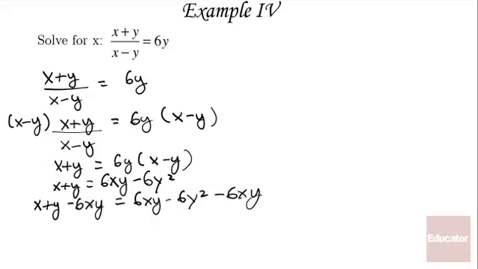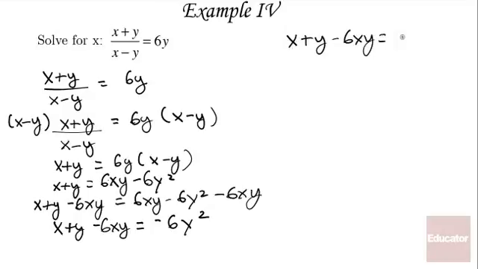Okay, this gives me x plus y minus 6xy equals negative 6y squared. Coming up here, rewriting this, x plus y minus 6xy equals minus 6y squared. The next thing I want to do is get this y on the left side over to the right.